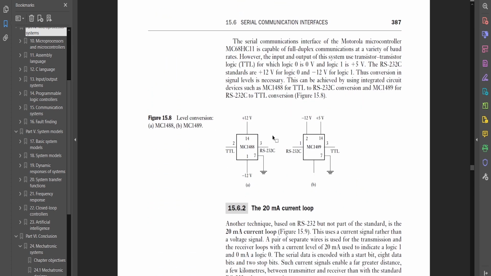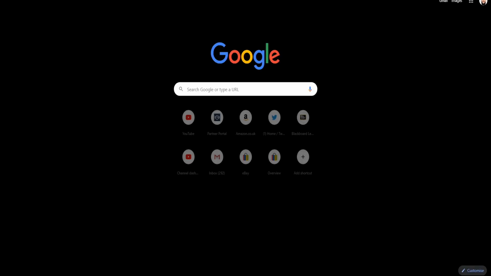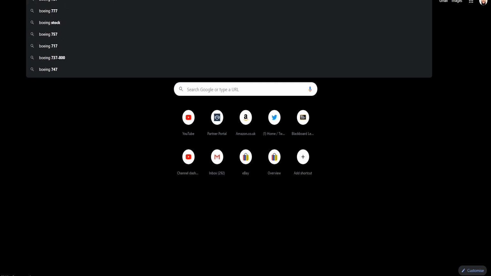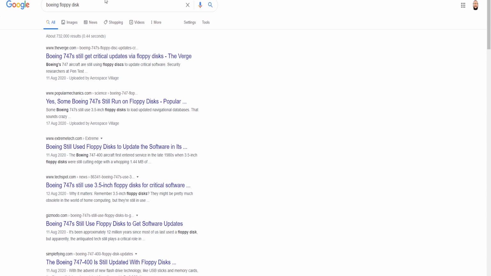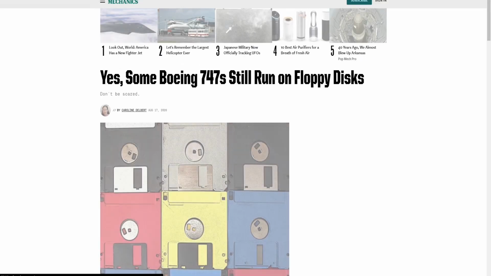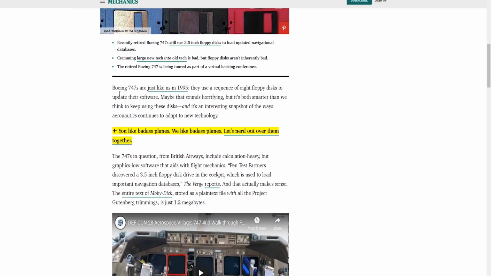What's actually funny is, when you work in the industry, even as I'm saying this is really old and you're not going to have to use it, I know that Boeing recently just stopped using floppy disks in their planes. Oh no, they still use it as of August 2020. Yes, some Boeing 747s still run on a floppy disk, and it's critical updates as well.